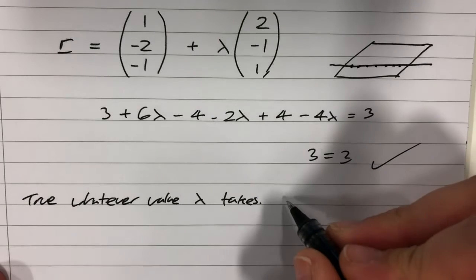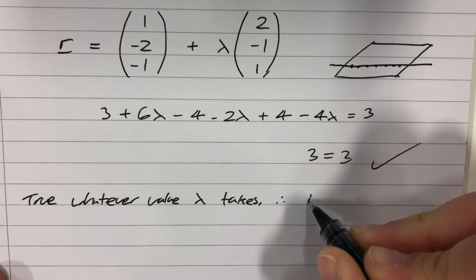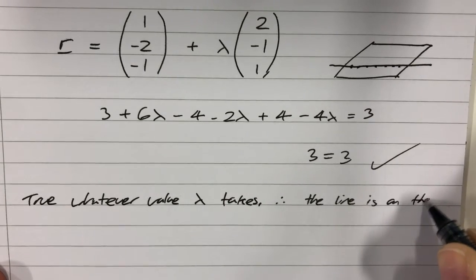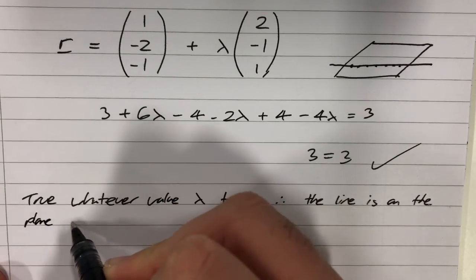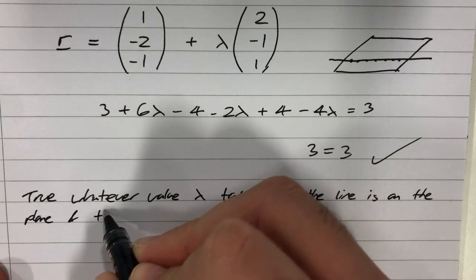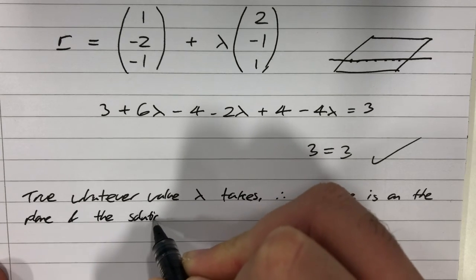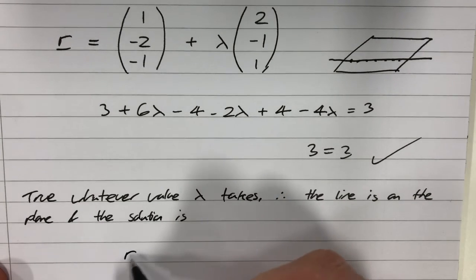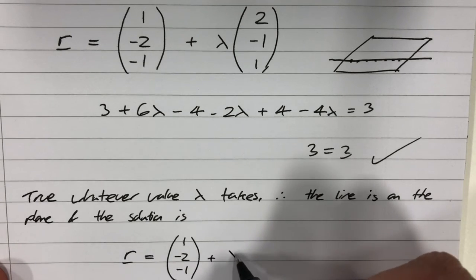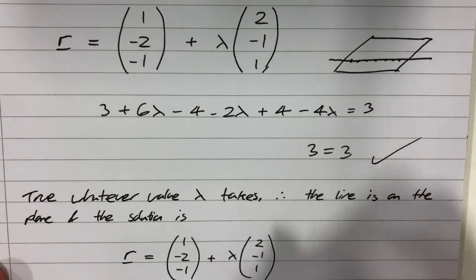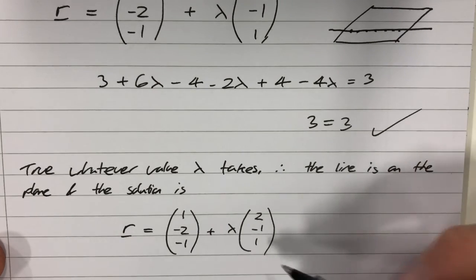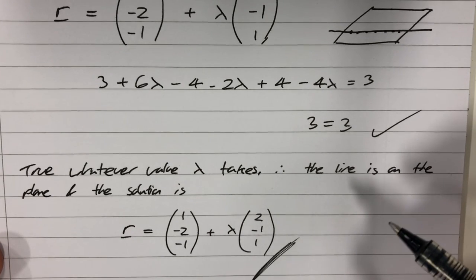So we can conclude the line is on the plane, and the solution is just the equation of the line. That is the solution. This is where the line intersects the plane, at every point on the line, because the line is on the plane.